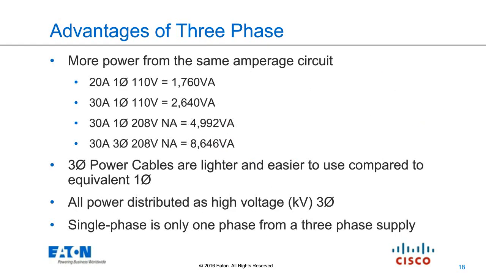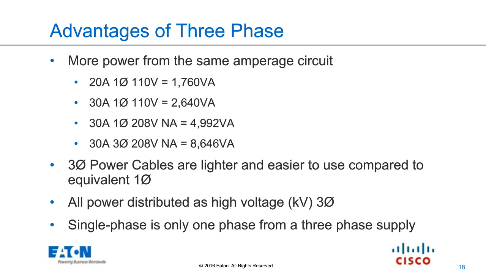So, some advantages of using three phase power. When you're looking at a 20 amp single phase circuit with 110 volts, the amount of power you can actually get from that is 1760 VA. How we're calculating that is you're taking 20 amps times 110 volts times 0.8.